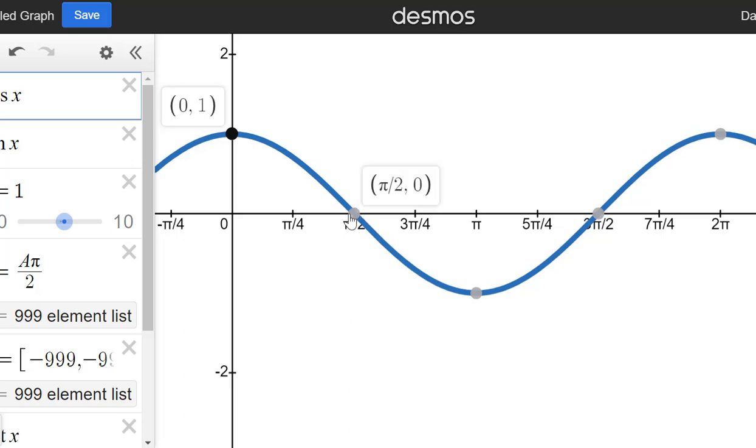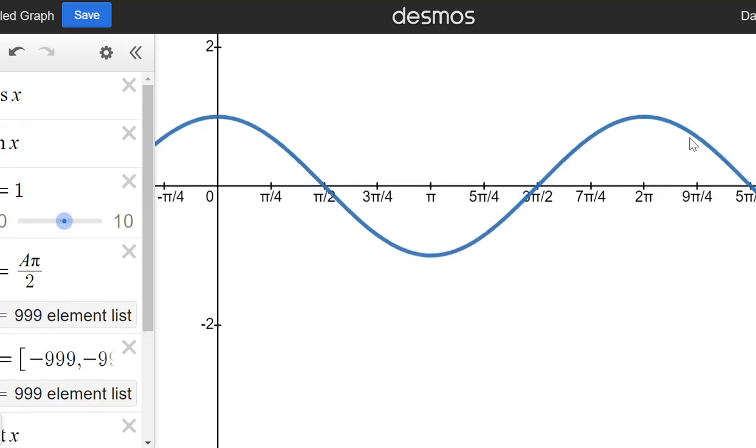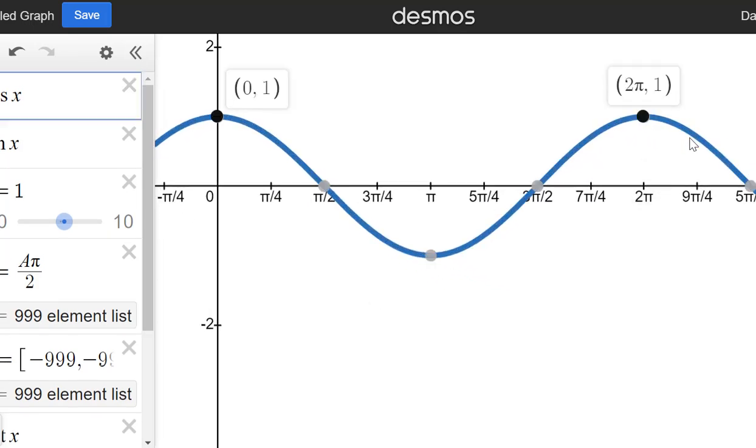And then we go down here, we get all the negative values, we see our graph dipping down, down, down, and then we come all the way back up. So the distance between our maximums, 0 to 2 pi, is a distance of 2 pi. So that's why the cosine function has a period of 2 pi. Same thing with the sine function. That one's a little bit different, right?